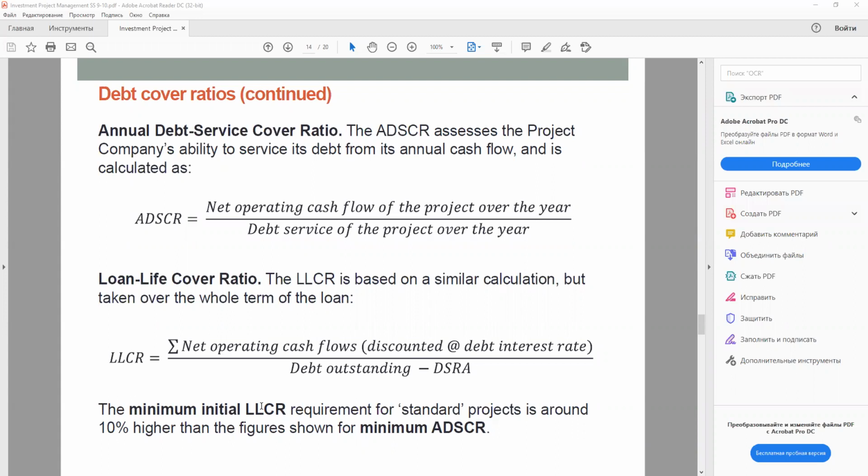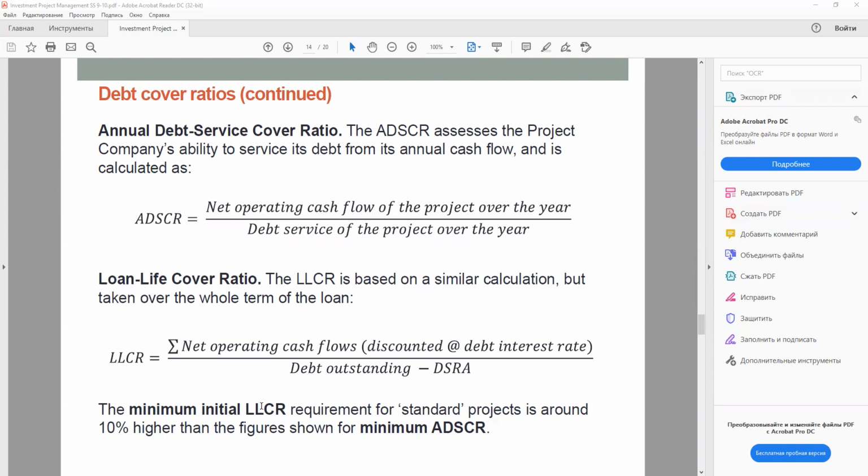And if you have already established some distribution accounts, so you already allocated some funds to distribute to investors, either in the form of interest payment or loan repayment or dividends, they should not be included in the calculation of your coverage ratios, like loan life coverage. You already assigned these payments to be paid off.